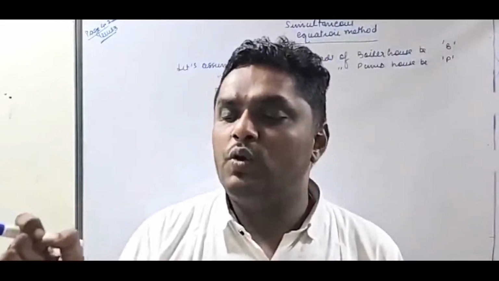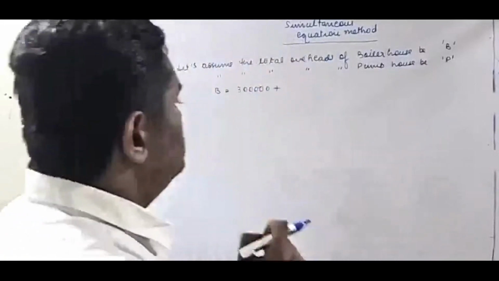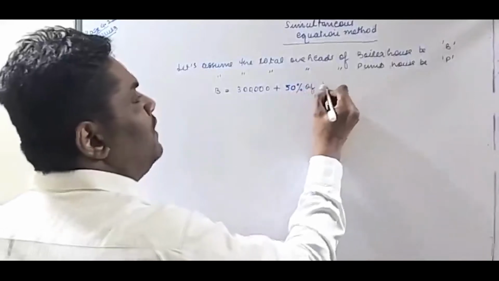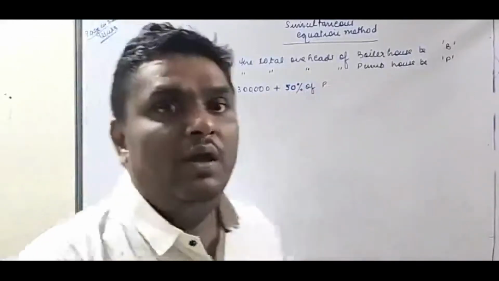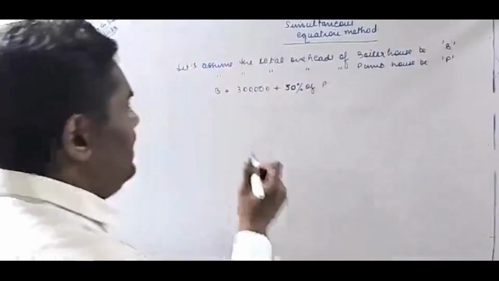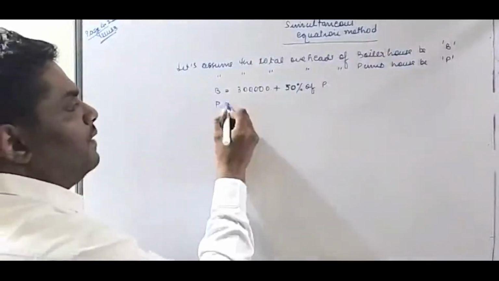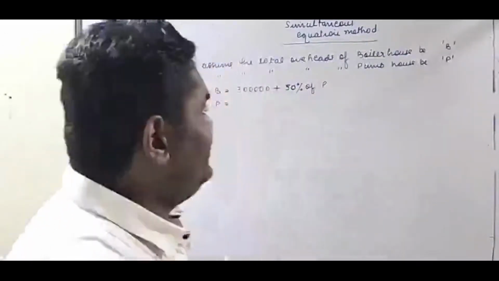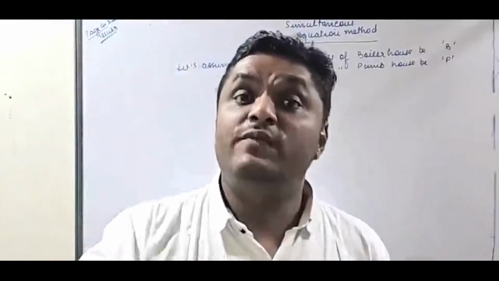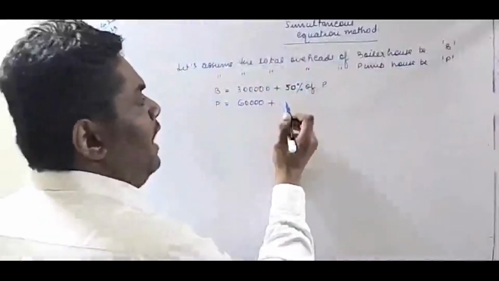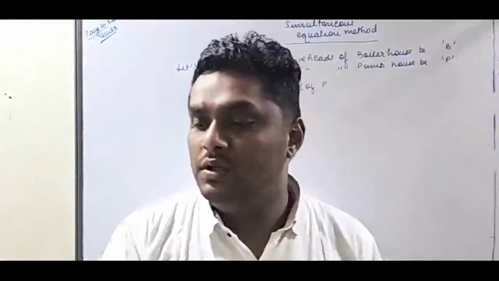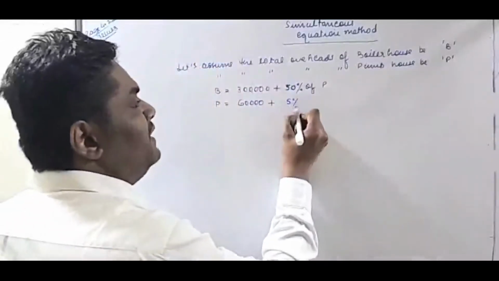So we can say B equals 3 lakhs plus 50% of P. But again, we don't have the total overheads of pump house. So when talking about P, it will be 60,000 plus certain percentage of the total overheads of boiler house. And how much percentage? It is given in the question that 5% of the boiler house overheads goes to the pump house. So we can say P equals 60,000 plus 5% of B.